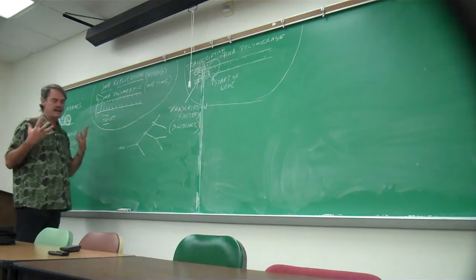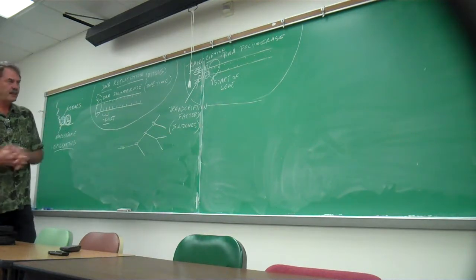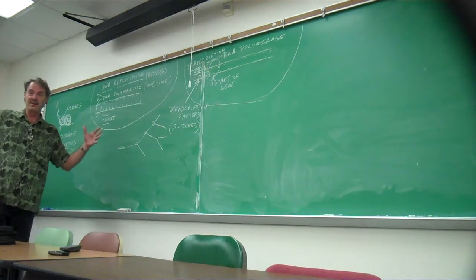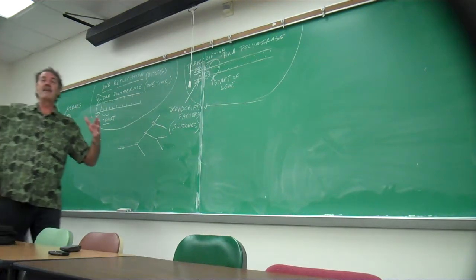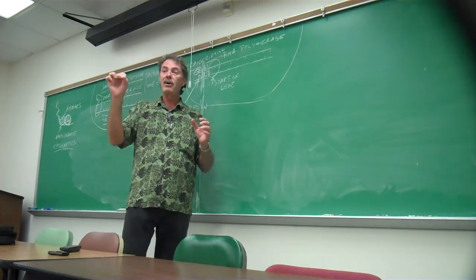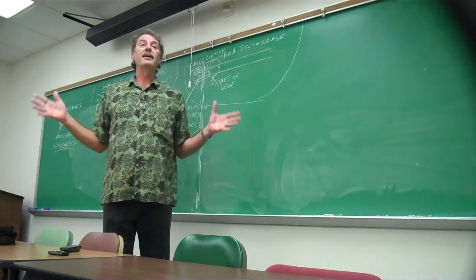So that's the concept that is just really amazing. And it's really what makes humans human. 98% of our DNA is just like chimpanzees. Even the mutations are similar. So we know we're related way back. But you turn off a few of them, or turn on a few of them, and you get us.